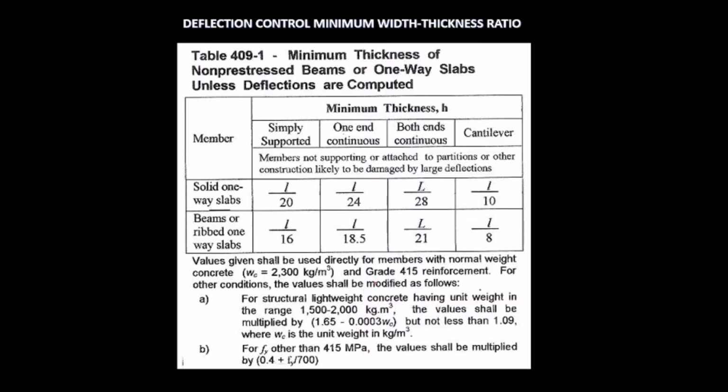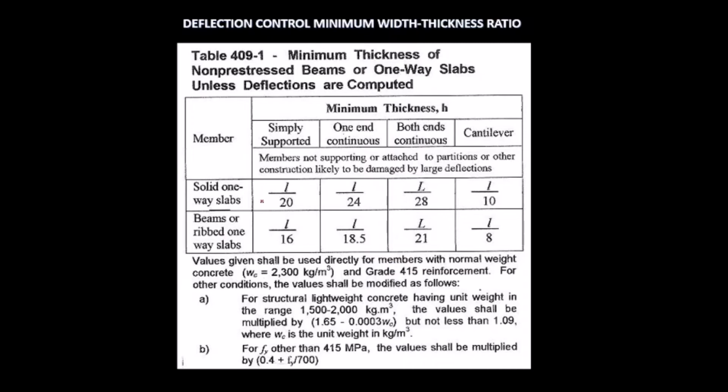Then, ito yung deflection control minimum thickness ratio from NSCP. Especially when we are designing beams and slabs for deflections. So we have for simply supported, and we have this solid one-way slab or beams with one-way slab.